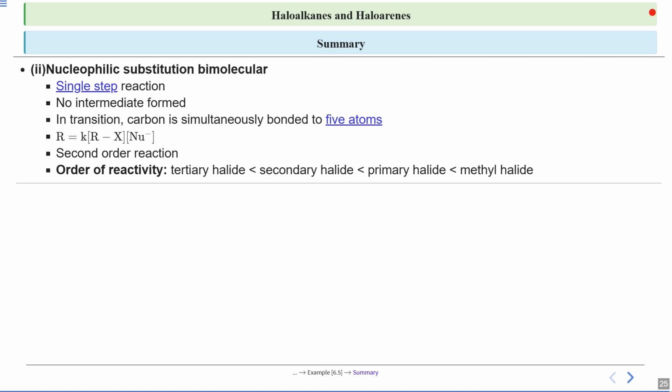If there is any bulky group, the incoming nucleophile will face steric hindrance, which affects the bonding of the nucleophile and the carbon. So methyl halide, which has only hydrogens around the carbon, is more reactive, then the primary halide, then secondary halide, and the least reactive is tertiary halide.